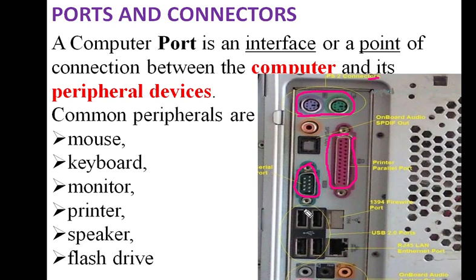These are all USB ports. This is the Ethernet port. These are all onboard ports. I hope you understood what we mean by port. And remember this term, peripheral devices: mouse, keyboard, monitor, printer, speaker and flash drive.